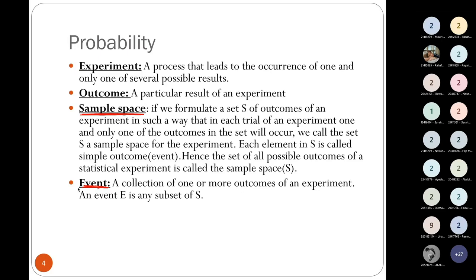This is the event. Or if we are rolling 2 dice, the sum of them equals 5. Or rolling 1 die, the event is the number appearing is less than 4. This is the event.